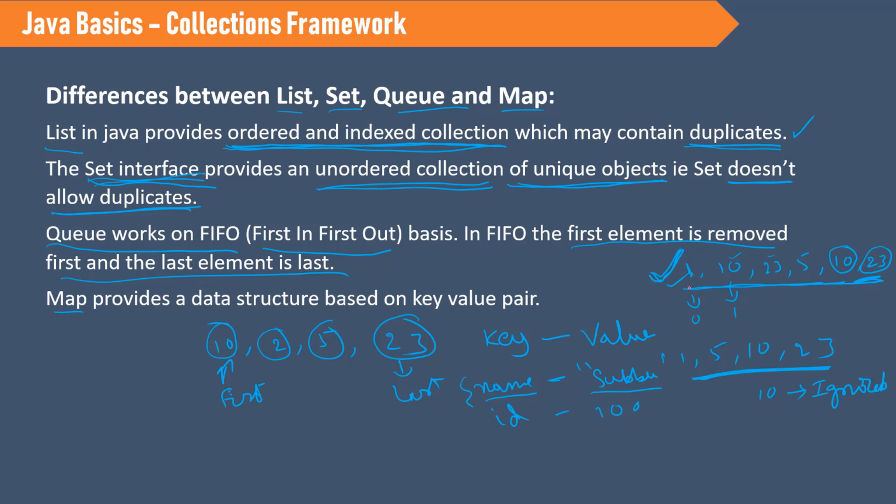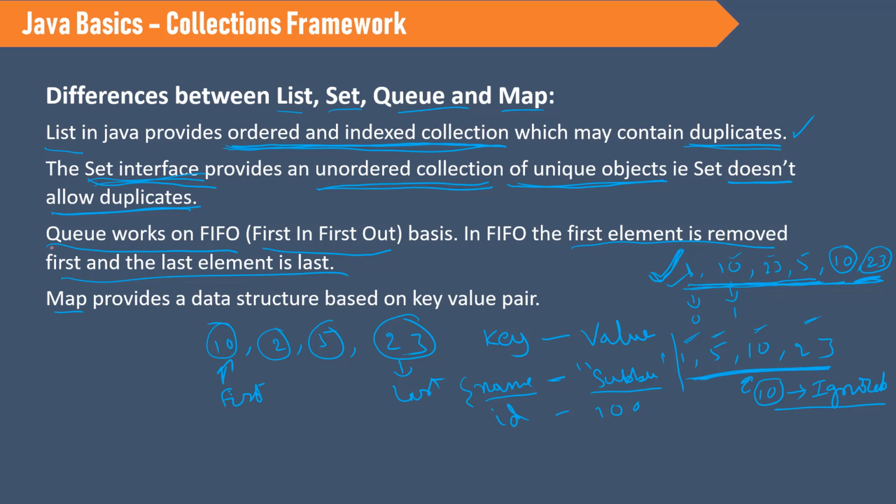If I try to add 1, 10, 23, 5, this order won't be maintained; it will be something like 1, 5, 10, 23. It won't allow duplicates. If I try to add 10 one more time into a set, it will be simply ignored.